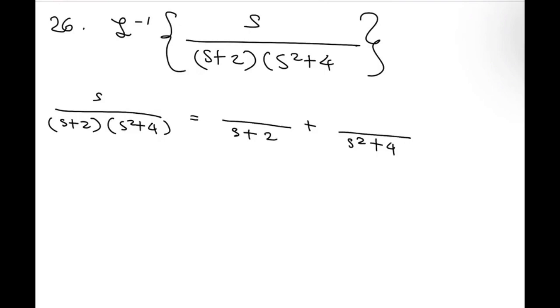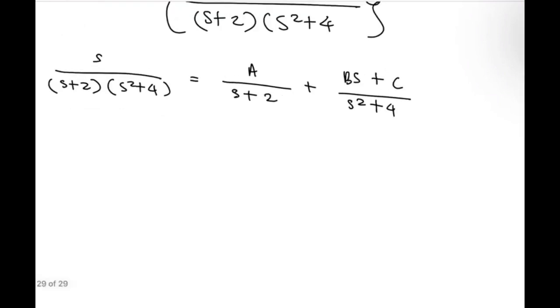For s plus 2, because this is linear, the highest power equal to 1, the numerator will have a constant, A. For the second part, we have s squared plus 4, so this is quadratic. We cannot have just B, because this is quadratic, here we must have a linear expression. So the linear expression will be Bs plus C.